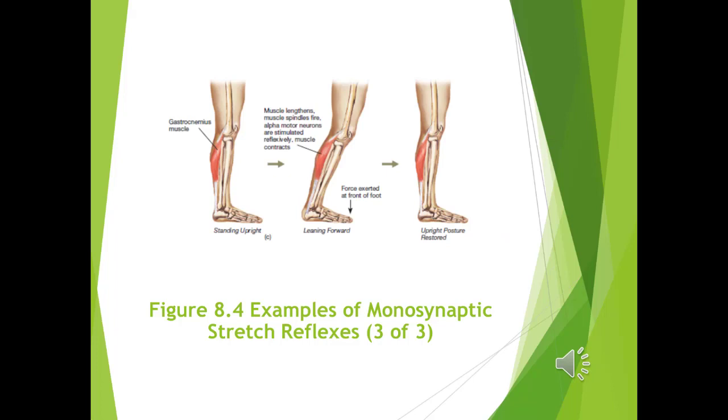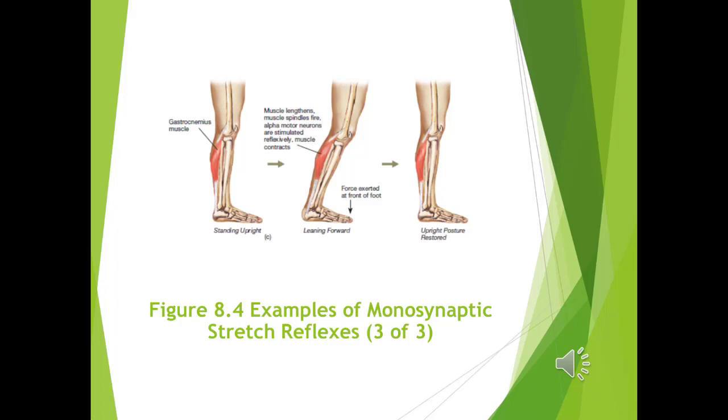In this third example of a monosynaptic reflex, we see a cross-section of the leg revealing the calf muscle. In the first image, you can see the person is standing upright. So this is the image farthest to the left.